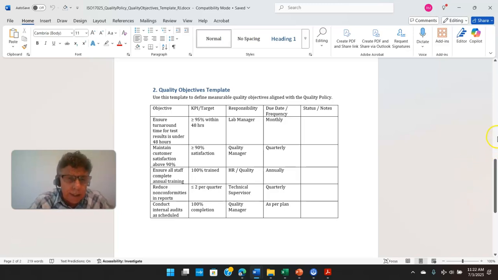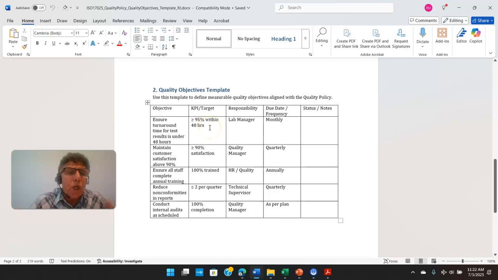So here is just an example of, you want measurable quality objectives with key performance indicators. So for example, an objective might be, and these are just examples, you would want to tailor these to your specific laboratory: ensure turnaround time for test results under 48 hours. That might be 7 days, depending on the situation of your laboratory.